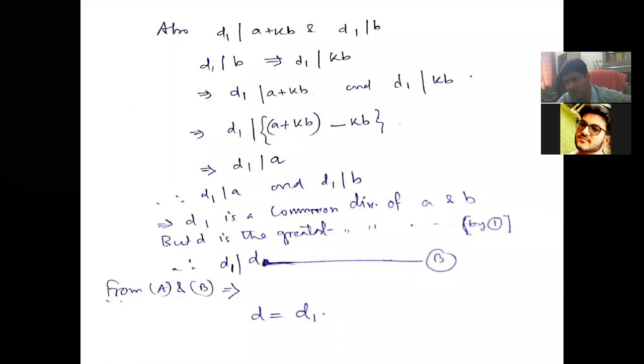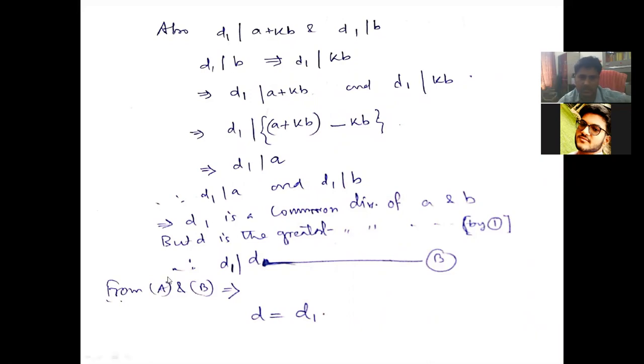So d1 must divide d. This is the second relation B; for A the relation is d divides d1, and here relation B is d1 divides d. Both are GCDs and we are considering positive numbers. So d equals d1, no other option. If they divide each other, it means both numbers are equal.